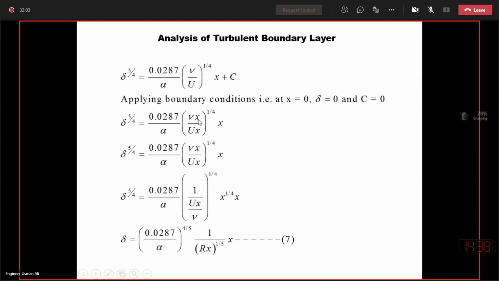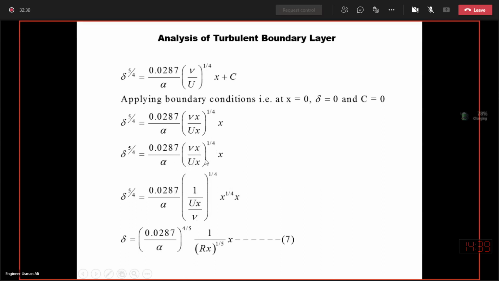So that will be nu over ux power 1 by 4 into x. Further, we can take this nu to the denominator of ux, so we can write it as 1 over ux over nu, and x power 1 by 4 will be taken out. So 1 by 4 plus 1 will be x power 5 by 4.